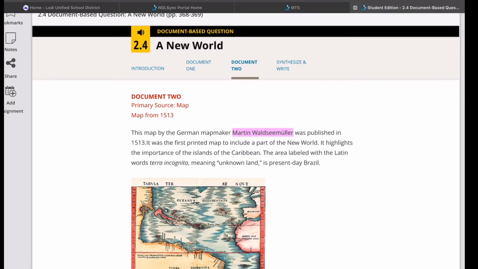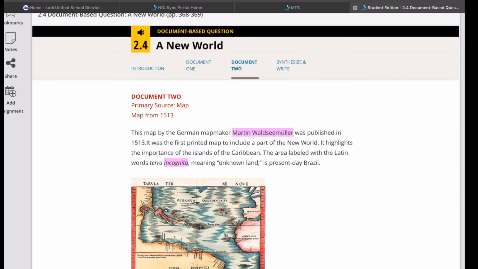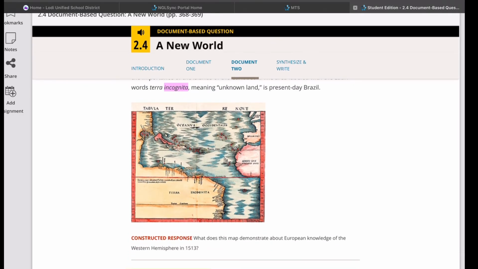However, by the time Waldseemüller created the 1513 map, he appears to have regretted honoring only Vespucci for his exploration, and the name America was replaced with terra incognita, meaning unknown land.